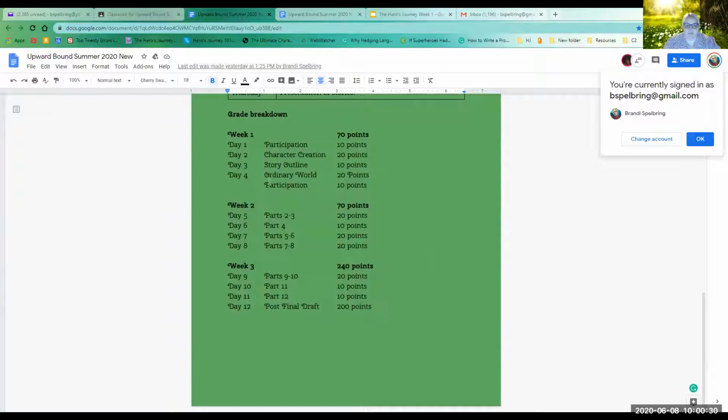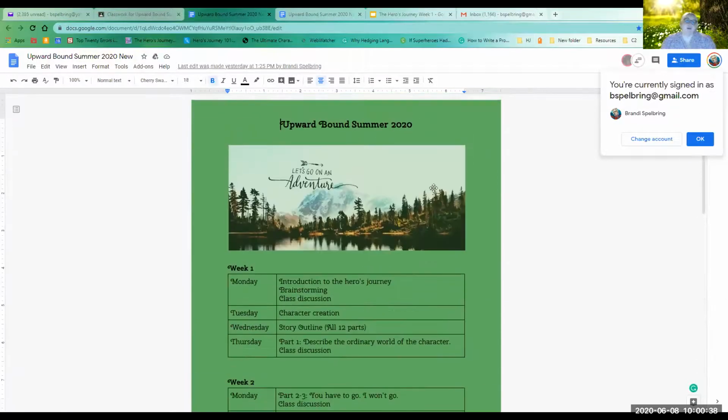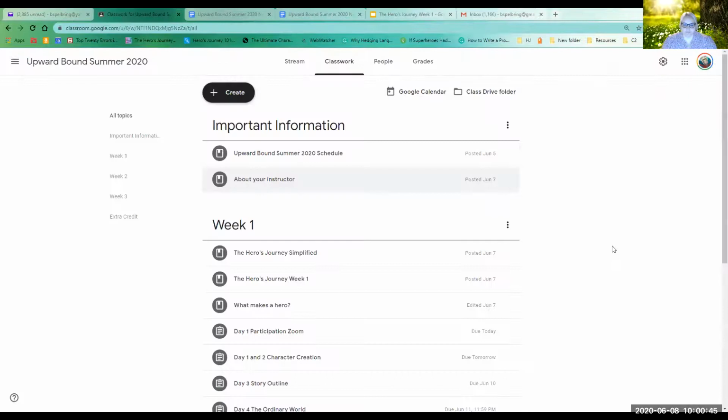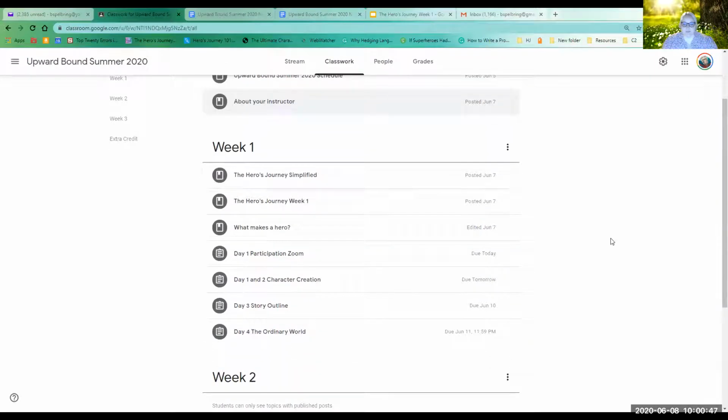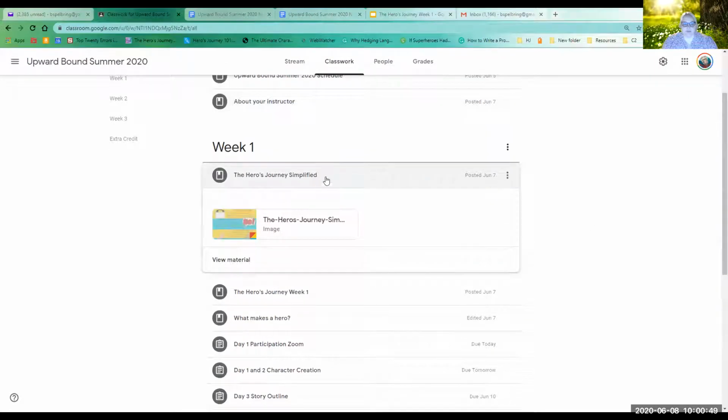And this is the breakdown of the points. That may change a little bit. Okay, so let's go back to classwork. Today we're going to talk about the hero's journey. This is a simplified chart, an infographic that you can look at.